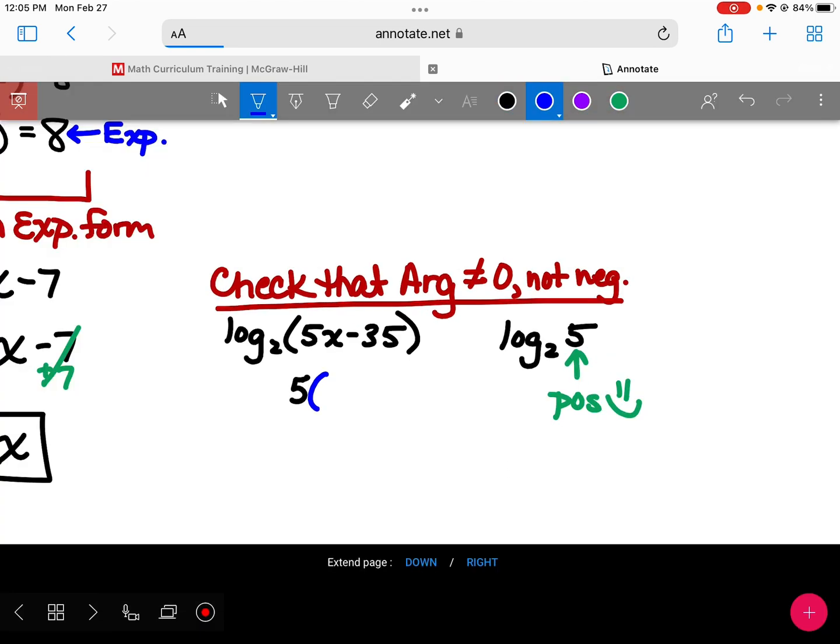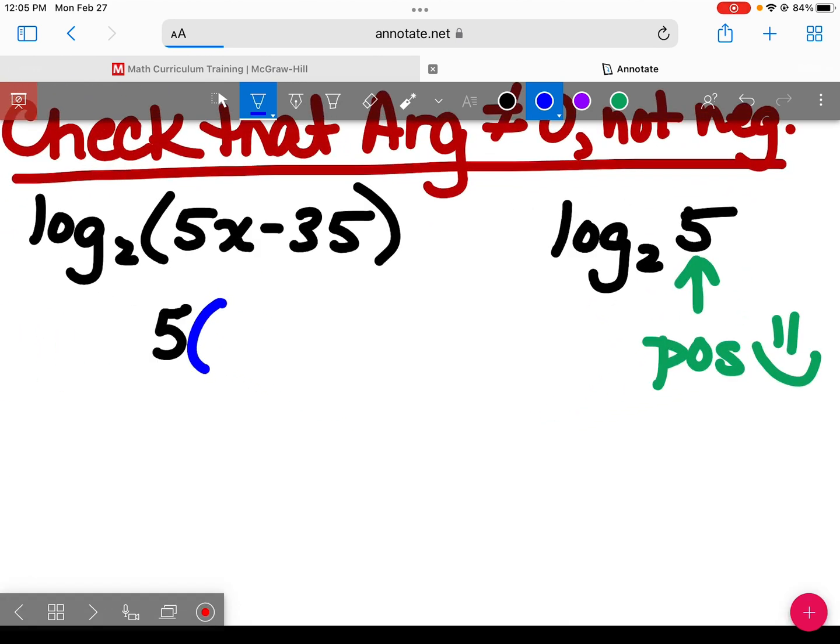We found that x was what? We said that x was 263, minus 35.